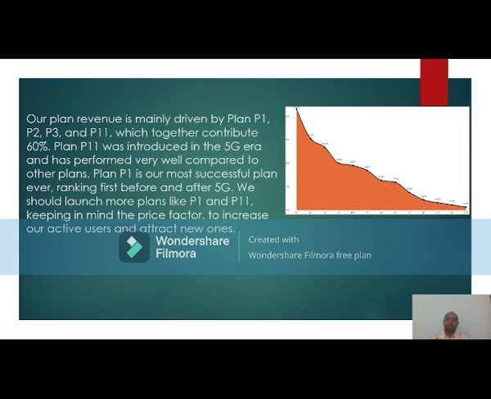Plan 11 and plan 12 were introduced after the launch of 5G, and are also performing good. However, they need to improve a lot so that we can see some significant numbers in AtliqO's revenue.